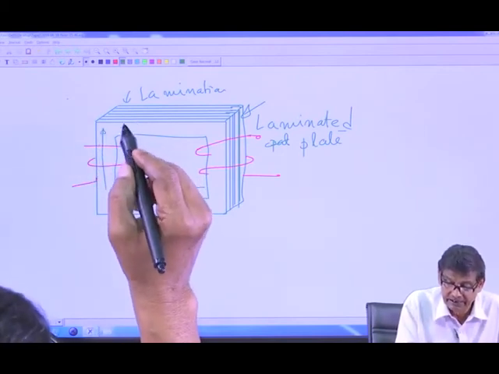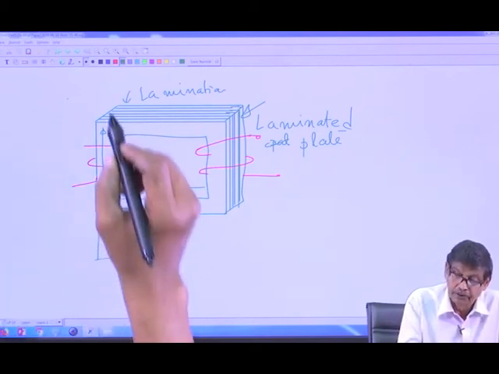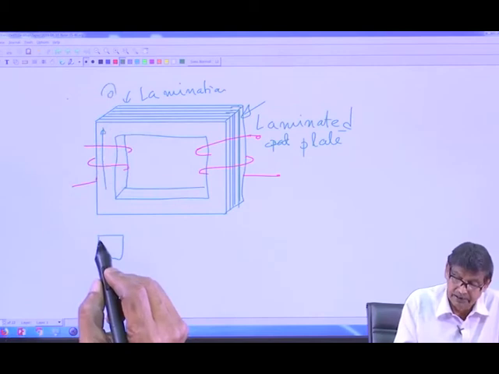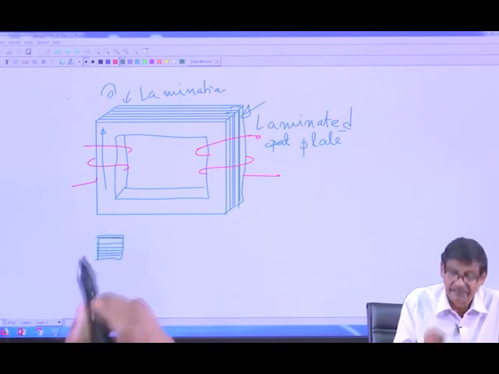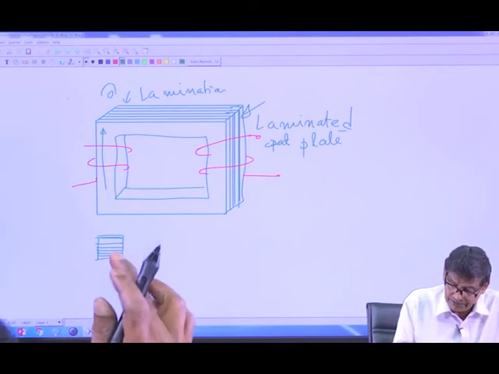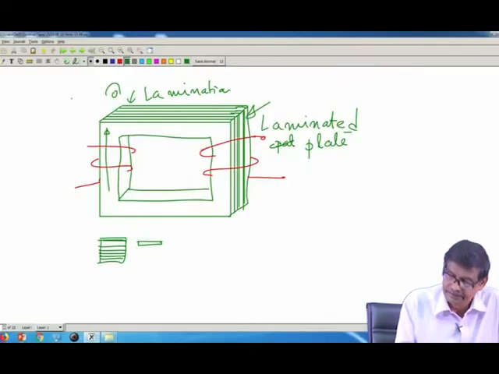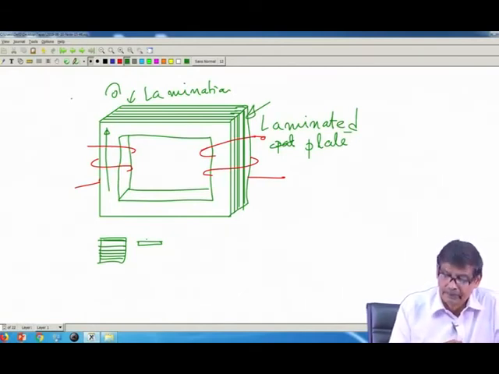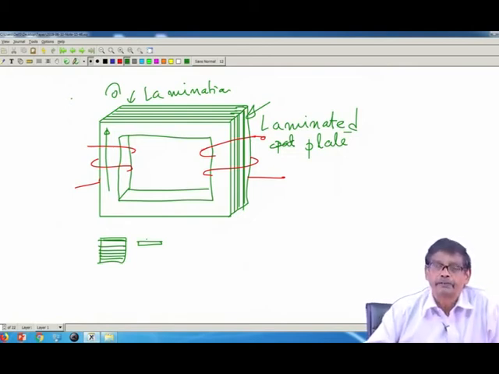The cross sectional area, if you look from the top, will be like this, and your phi is coming like that. The average flux density is phi max divided by the overall area, because each plate contributes to the area. So, this is called eddy current loss.